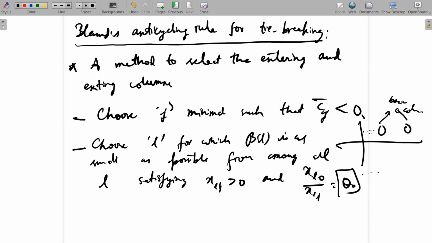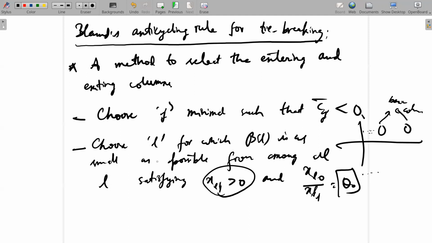Theta naught was the minimum over the set Xij bigger than 0 of Xi0 over Xij. So you're looking at all those L's where theta naught equals XL0 over XLJ, and then you're choosing where BL is smallest.